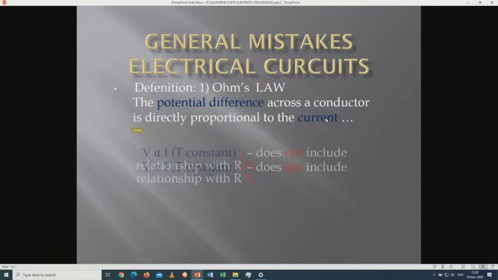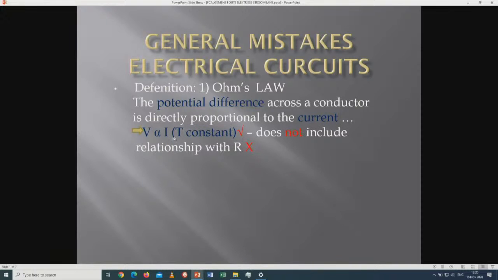So if we put it in symbols, it is V directly proportional to I if T is constant. Please don't include the relationship with R. The formula derived from Ohm's law is R equals V over I. That is the formula derived, but it is a derived formula.